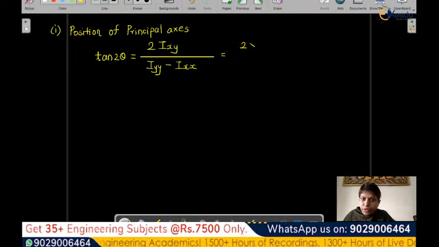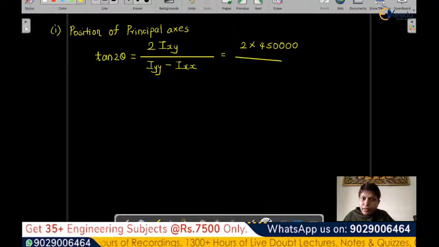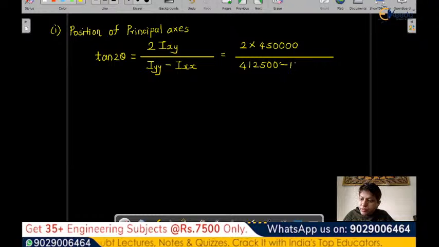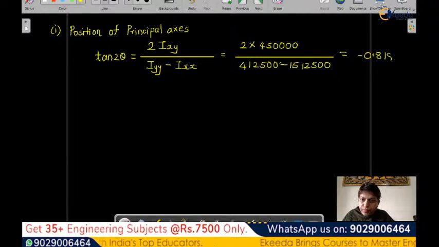So it is 2 into 4,50,000 divided by 4,125,00 minus 1,512,500. When you do this calculation, our answer is 0.818.